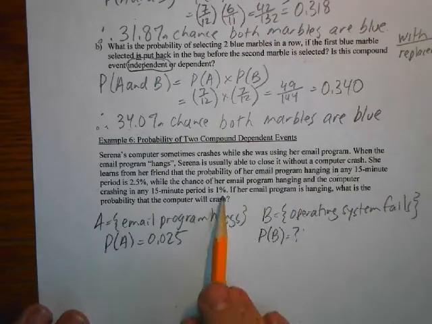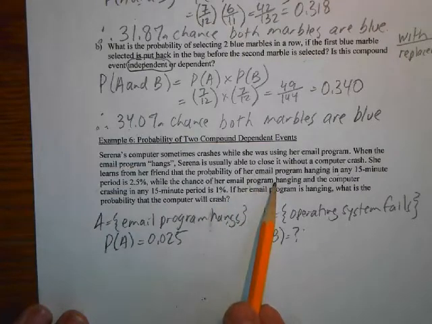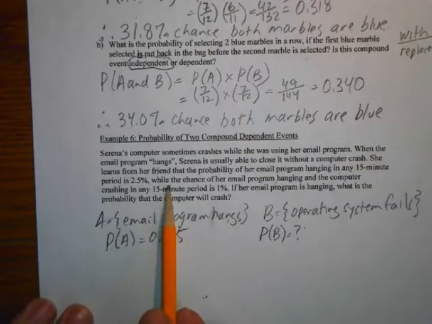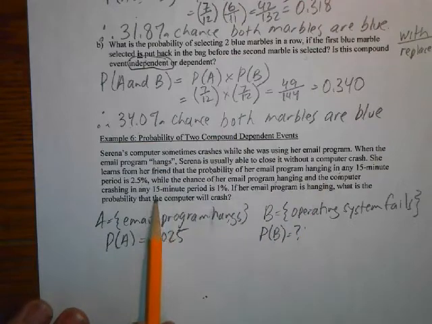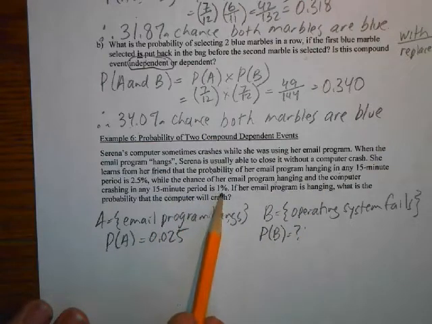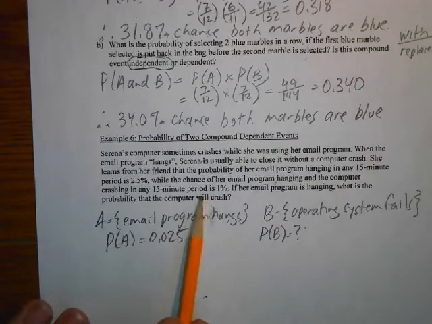But what they told us here, what this 1% is, is that the chance of her email program hanging and the computer crashing is 1%. Okay, so we know the email program hanging could impact the computer crashing, right?